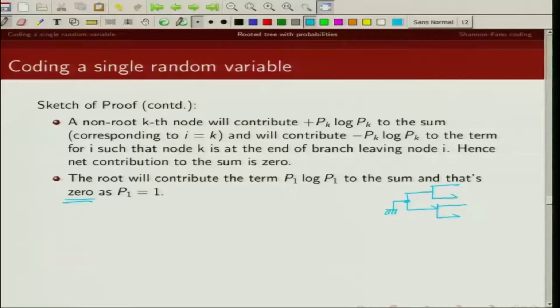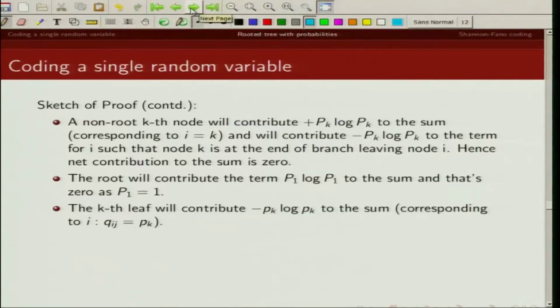So what we have shown is that in this summation Pi Hi, summation over all nodes including the root node, the contribution of the root node is nil, and the net contribution of a non-root node is also 0. So then what is the only contribution left? The only contribution left is the contribution of the leaves.